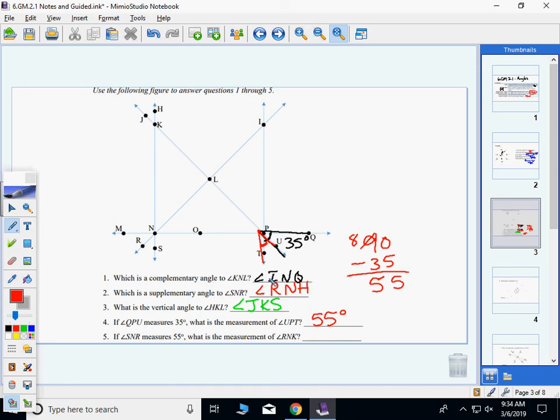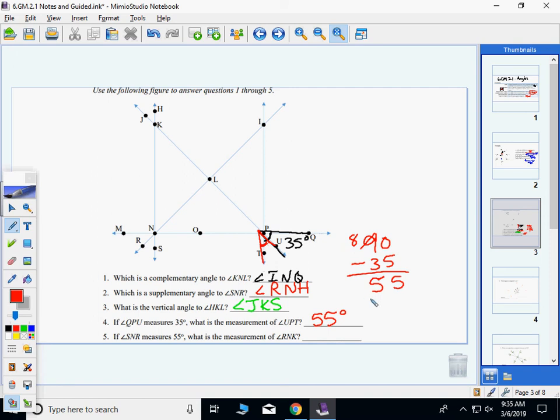The people who wrote this book may have meant to switch them, but it's okay. We'll go with it. We know that angle QPU is this one. And they say it's 35, so we're going to go with it. Angle UPT would be this one. So together they're going to make 90 degrees.